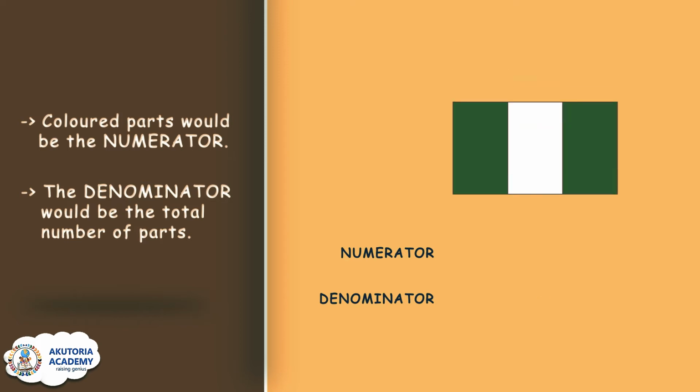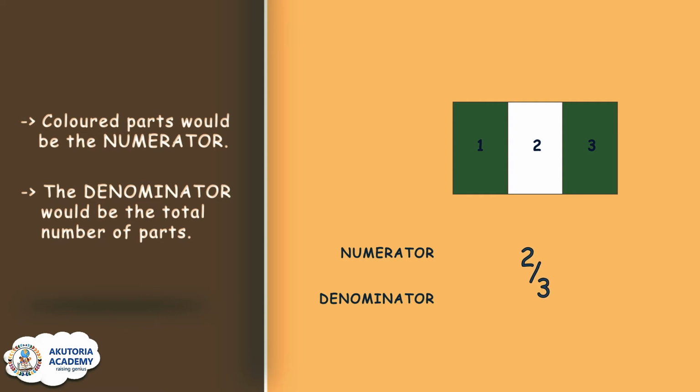What is the fraction of the green colored thirds of this shape? Here we have 3/3, and 2 of its thirds are colored green. And this is a Nigerian flag, and it's also rectangular in shape.